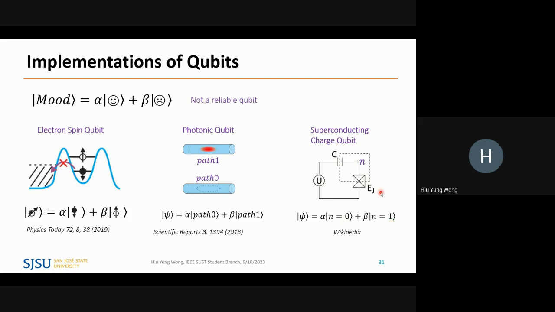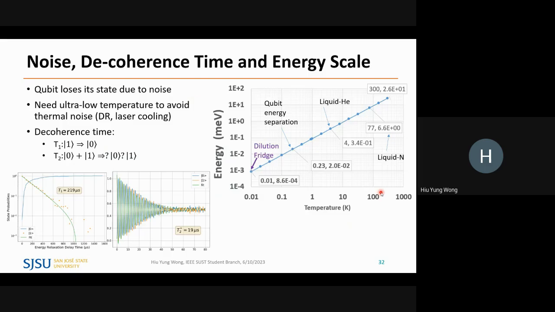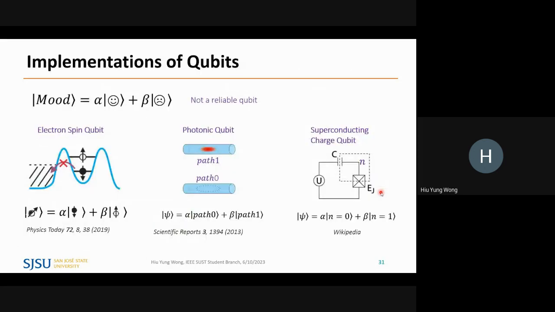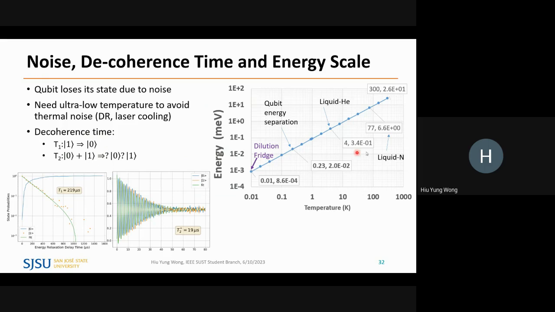Okay. I guess this is my almost final slide about the noise and coherence time. And as we just said, the criteria is that you need to have a well-separated level, but you will see that most of them have very tiny separation. For example, it can be like only 0.02 milli electron volt, right?